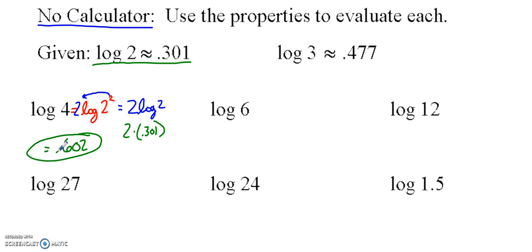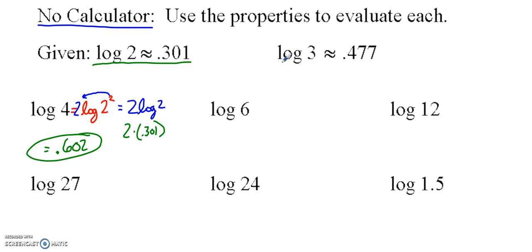So I didn't need a calculator, I just needed to know a little bit of something about how to write log 4 in terms of 2, and then do a little bit of math using that log 2 equals 0.301. So given one simple log 2, I can actually find log 4.